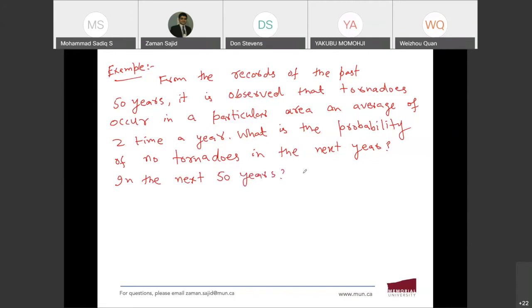The third objective is, what is the probability of exactly two tornadoes in next year?